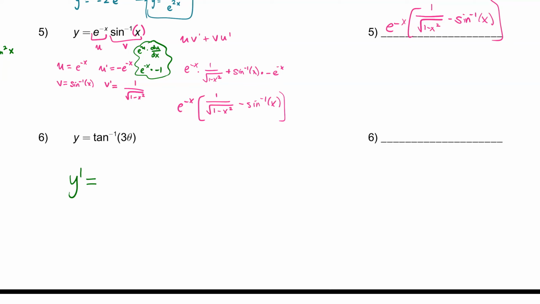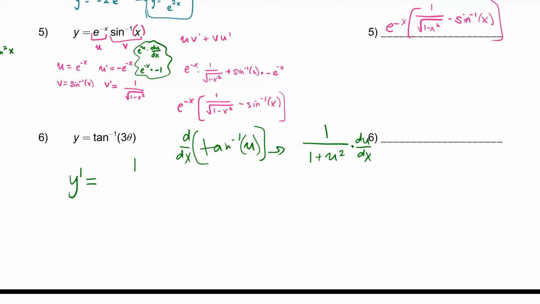Y prime equals, okay, the derivative of tan inverse of x is 1 over 1 plus x squared. So if I take the derivative of tan inverse of u, meaning I have a function inside, it's 1 over 1 plus u squared times du dx.